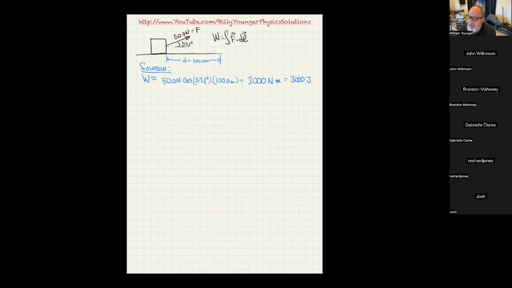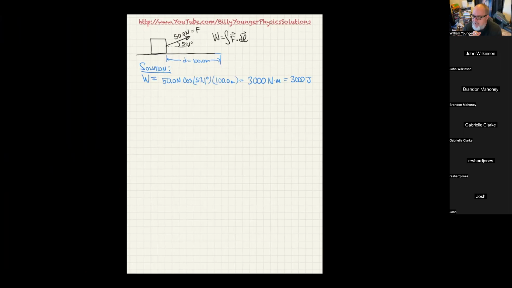But that's a simple case because the friction force is just mu kinetic. Since it's skidding, it's mu kinetic instead of static, but it's mu kinetic times the weight. Unless the car is on an incline, then it'd be mg cosine theta. But in this case, it's mg times mu. That's the force. And it happens to be exactly anti-parallel to the direction that it's going.